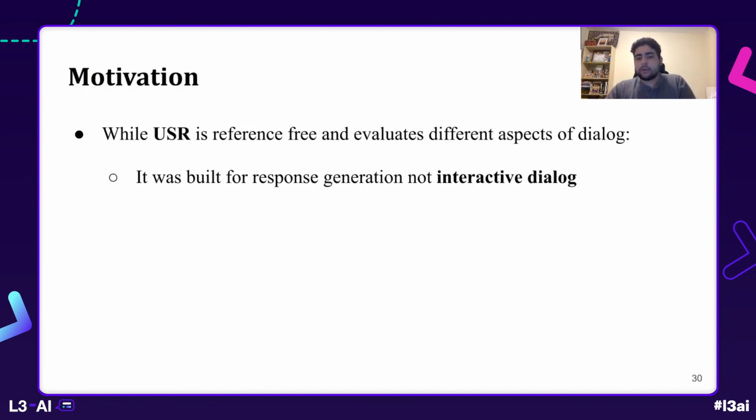It can't really work in an interactive setting because the interactive conversation deviates from the data set that we would do self-supervised fine-tuning on. The other problem with USER is that we wanted to evaluate different aspects of dialogue, but ultimately USER only has 3 distinct models and measures 5 different dialogue qualities. So is it really measuring enough qualities of dialogue?